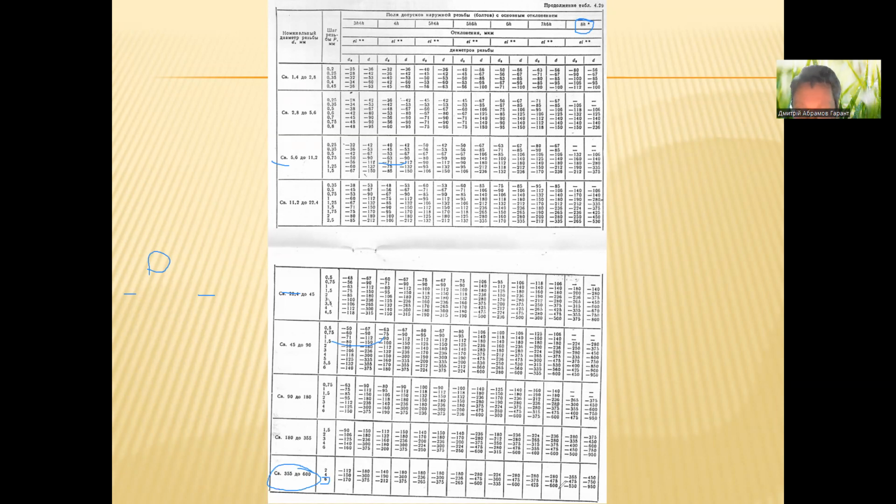So we use the parameters for D suffix 2 for average diameter minus 530, and for inner diameter D minus 950. Let's return to the previous slide.